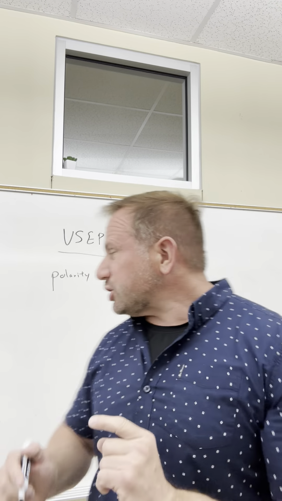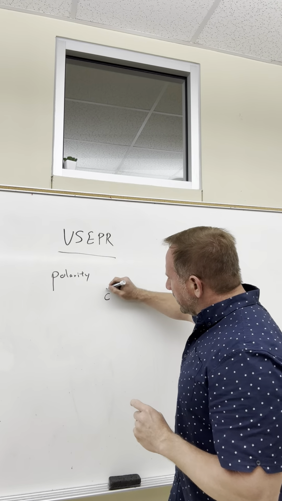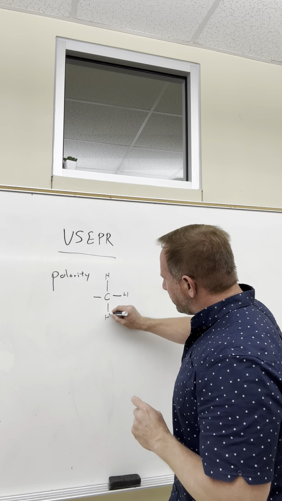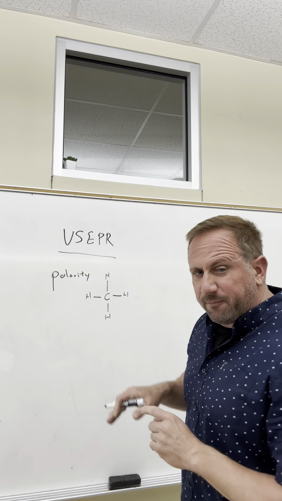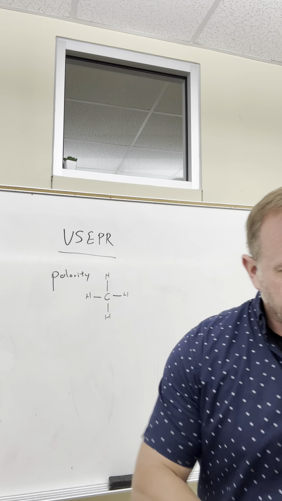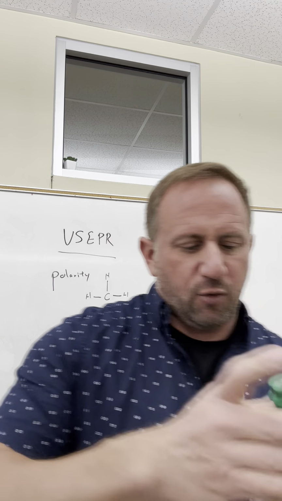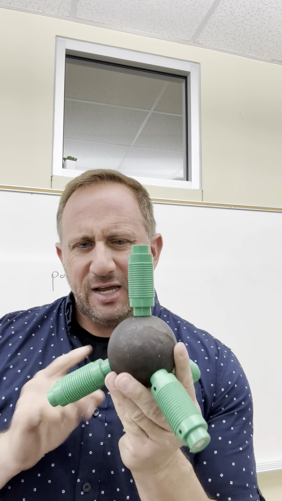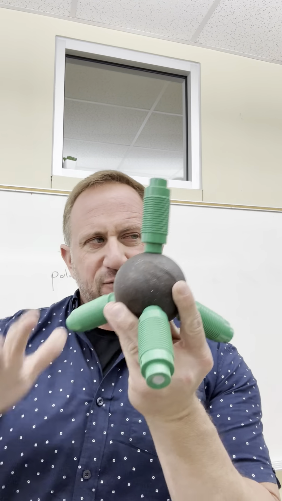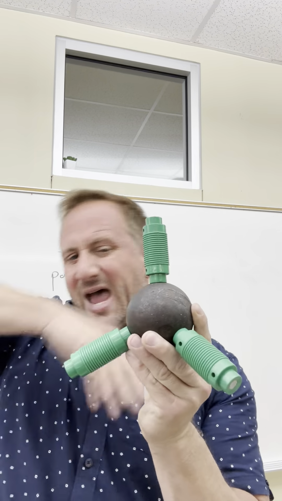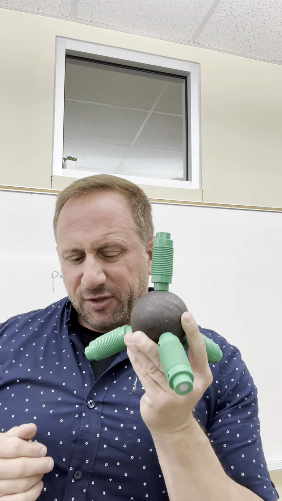When we look at these shapes, if we have, let's say, carbon with all of these guys around the central atom being the same, we would say this is a nonpolar molecule.